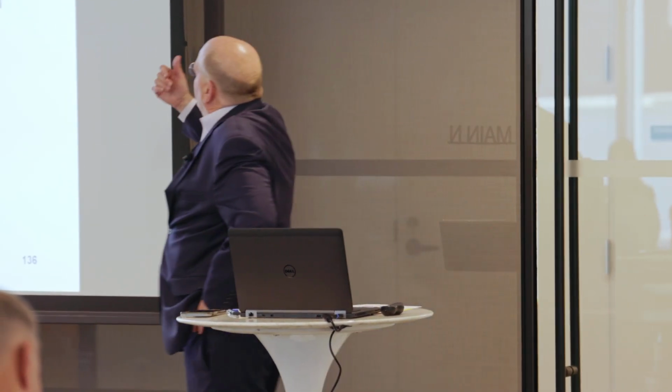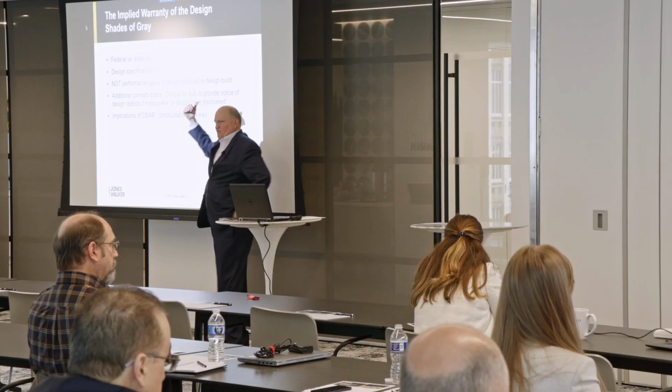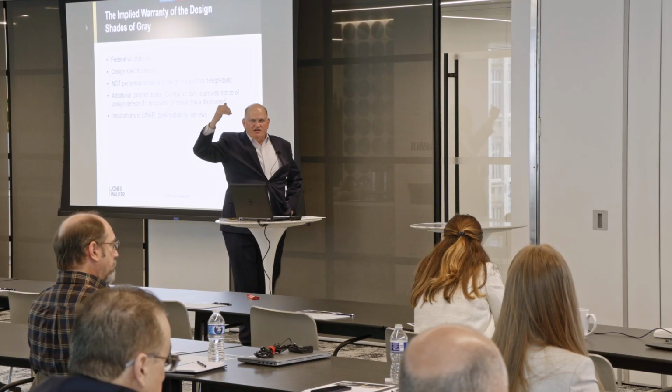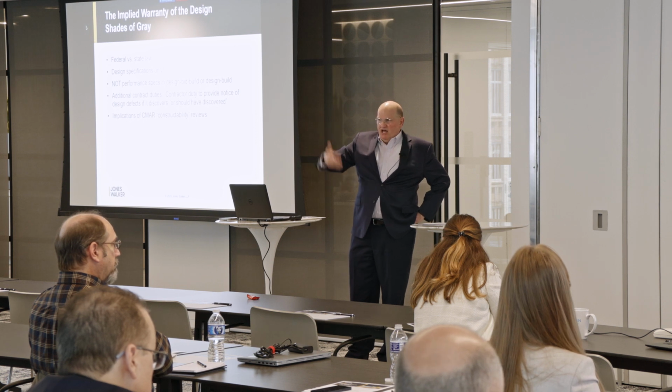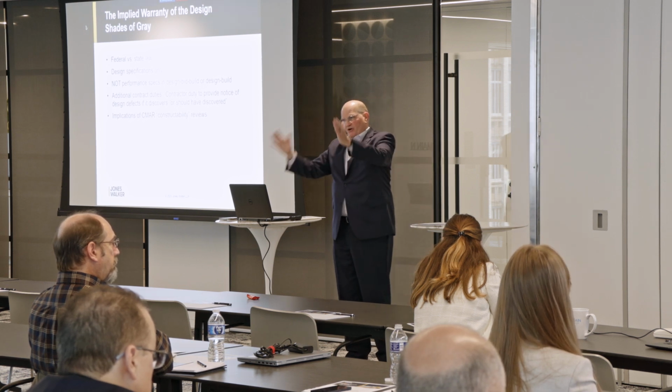A couple things about the implied warranty. First of all, I always warn people about this. Everything related to construction, be aware of the difference between federal law and state law. Because most people, when they talk about black letter law, including myself, when it comes down to it, they're generally speaking about federal government contracts construction law, unless it's like Texas construction law or Arizona.